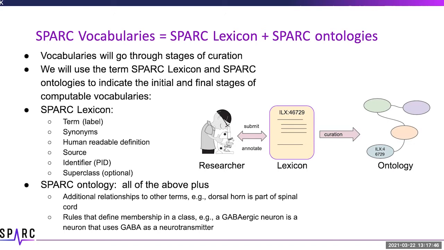And you can also define additional rules, for example, to define that a neuron that uses GABA as a neurotransmitter is part of a larger class of concepts such as a GABAergic neuron. And so these are the different levels in terms of how one might represent the terms.